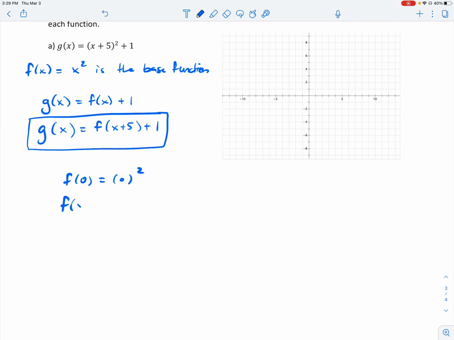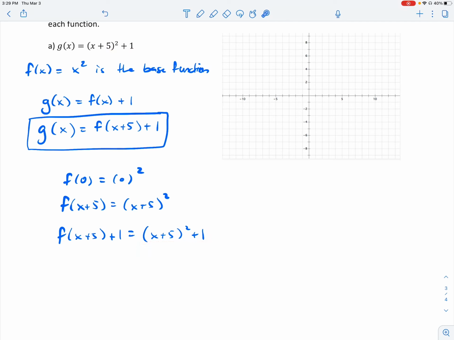What if I say do f of x plus 5? That means take whatever is inside the bracket and plug it in for x. That would be x plus 5 squared. What if I say take f of x plus 5 and add 1 at the end? That's easy. That'll just be x plus 5 squared plus 1. Notice this is what we have for g of x.